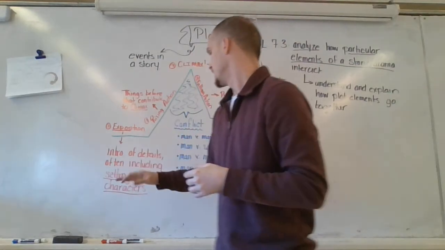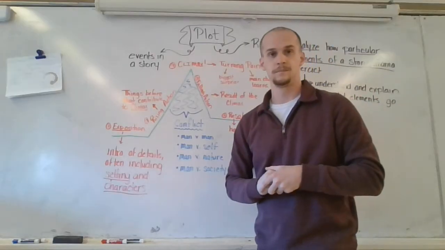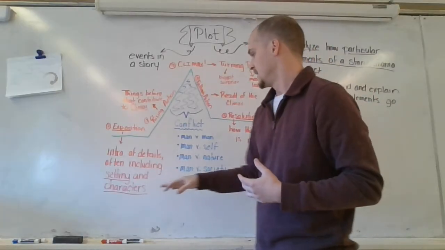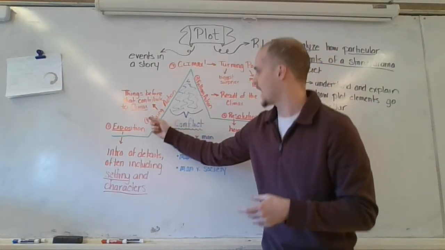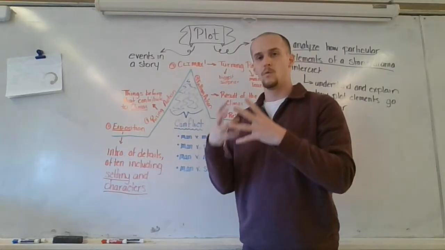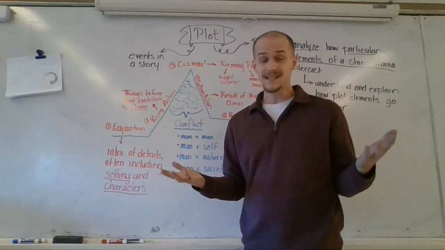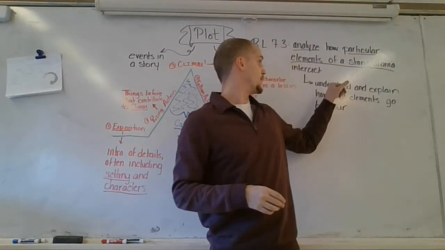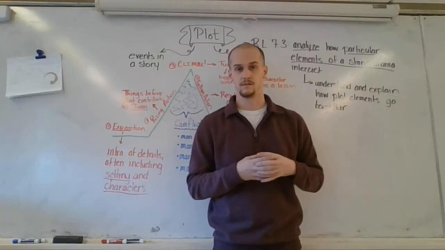So how did the setting of a story lead to the climax? How did the characters that were involved lead to the falling action? How did the rising action lead to the falling action? All of these elements work together. And being able to identify them is only step 1. But remember, we have to understand and explain how they work together.